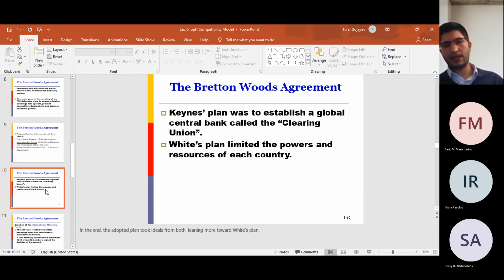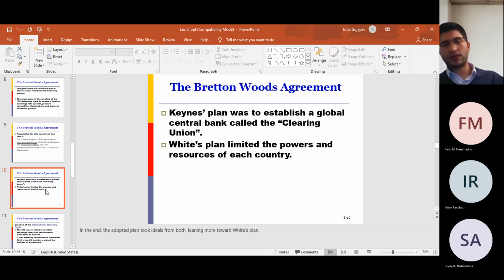And White's plan, Dexter White's plan, limited the powers and resources of each country. What does it mean to limit the power and resources of each country? This is about centralization. According to White's plan, an organization like the IMF would be a central authority.